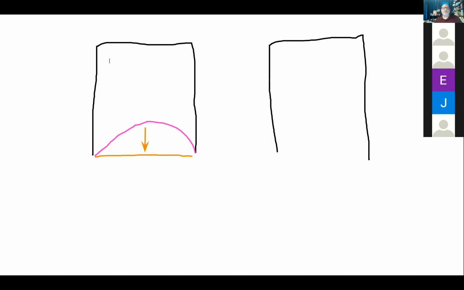This is important because, as we know, pressure is what makes the world go round. And when this bell-shaped muscle flattens, the volume of the thoracic cavity increases.